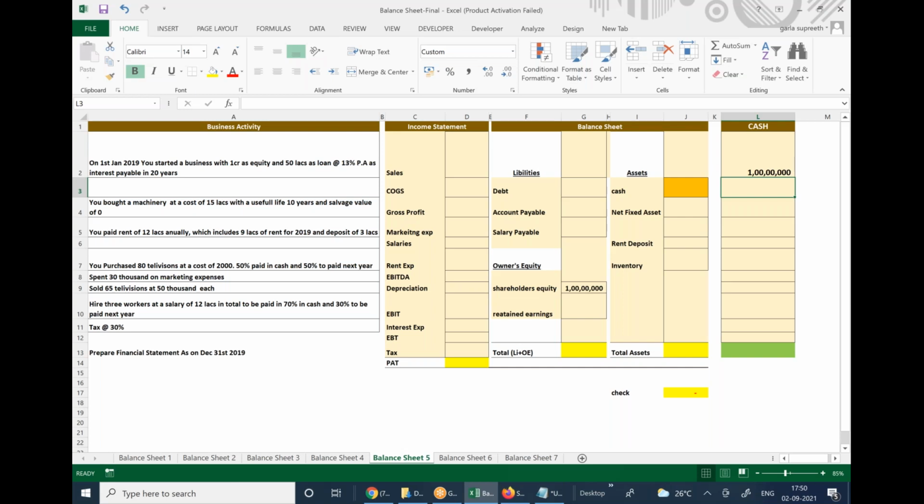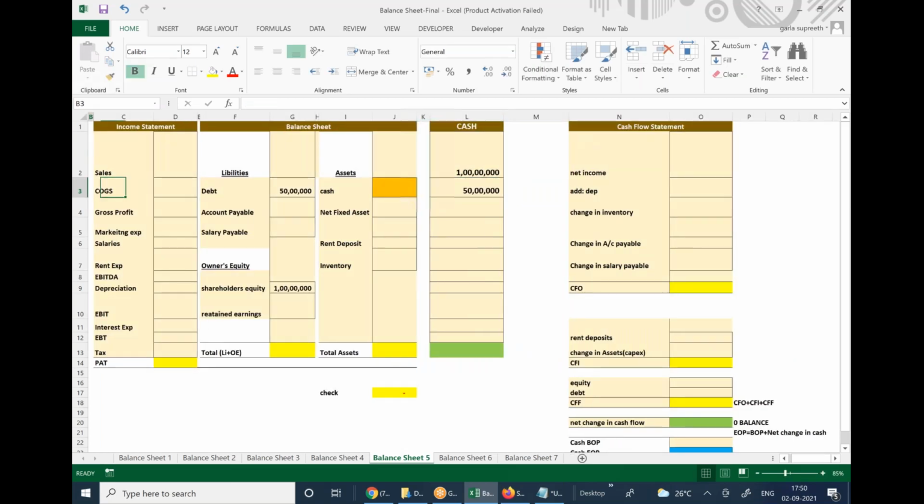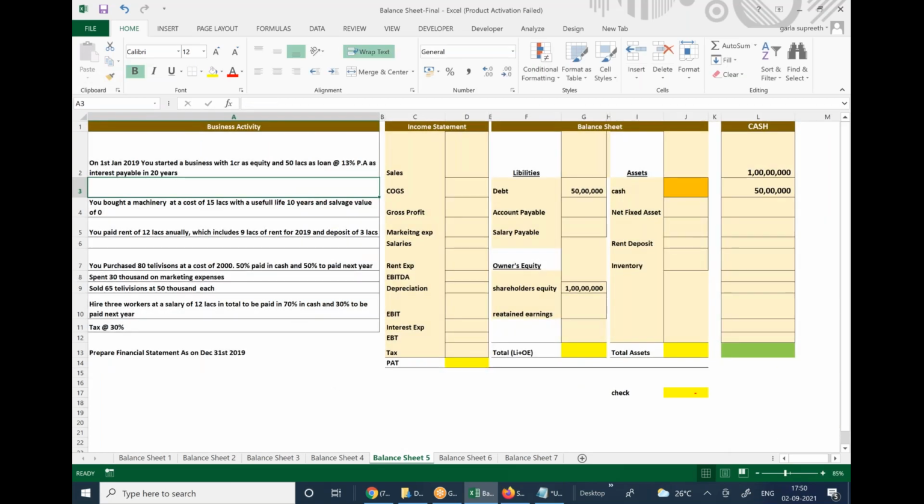Then you have taken a loan of 50 lakhs. That is 50 lakhs, 1, 2, 3, 4, 5, 6. Cash also 50 lakhs. All of you would have done this. You bought machinery at a cost of 15 lakhs.